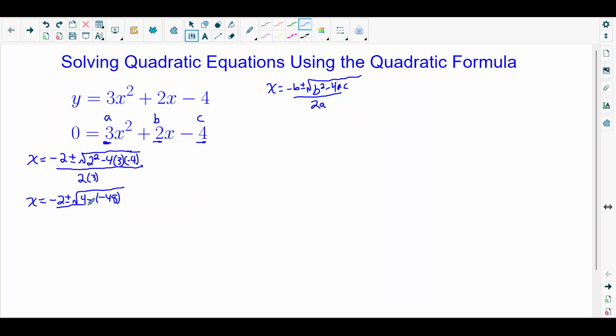All of that's going to be divided by 6. And then we will simplify what's under the square root symbol. So we have a negative 2 plus or minus the square root of, and let me just try to simplify this a little bit. We have a minus negative 48, so those two signs there will combine to give us a plus. So 48 plus 4 will give us 52, and all of that's divided by 6.